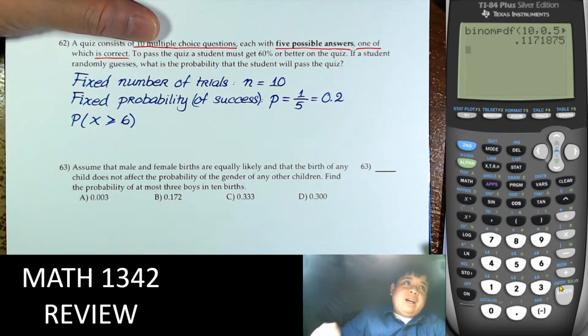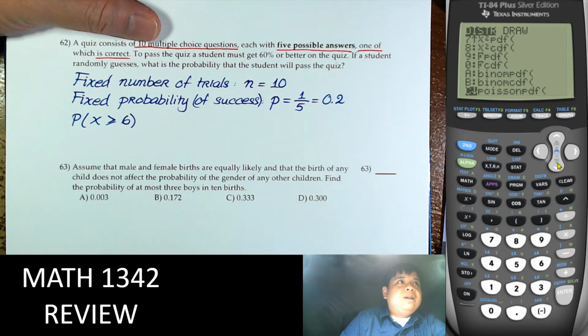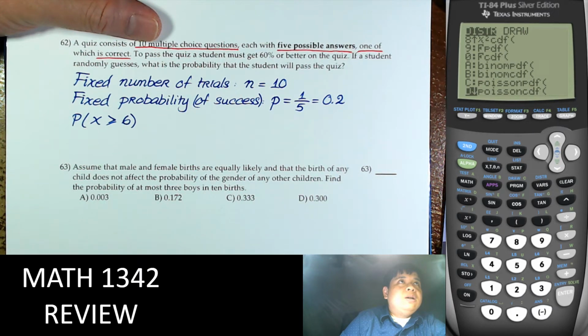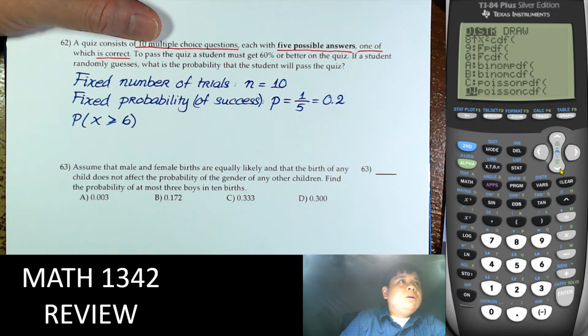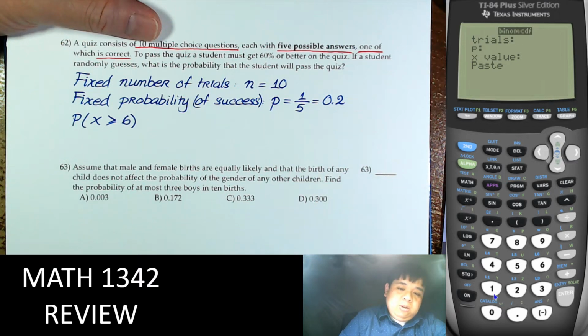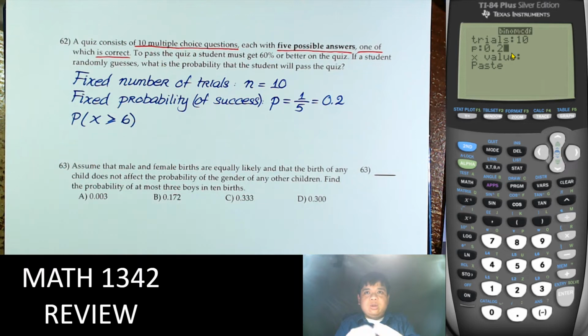The only problem here is if we go with the binomial CDF, the x values only go from 0 to that number. This is from 6 to 10, so that's not it.